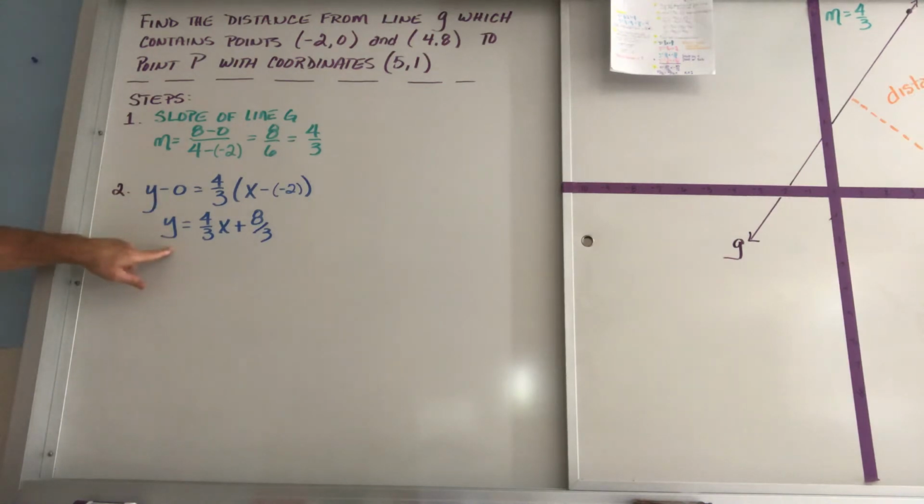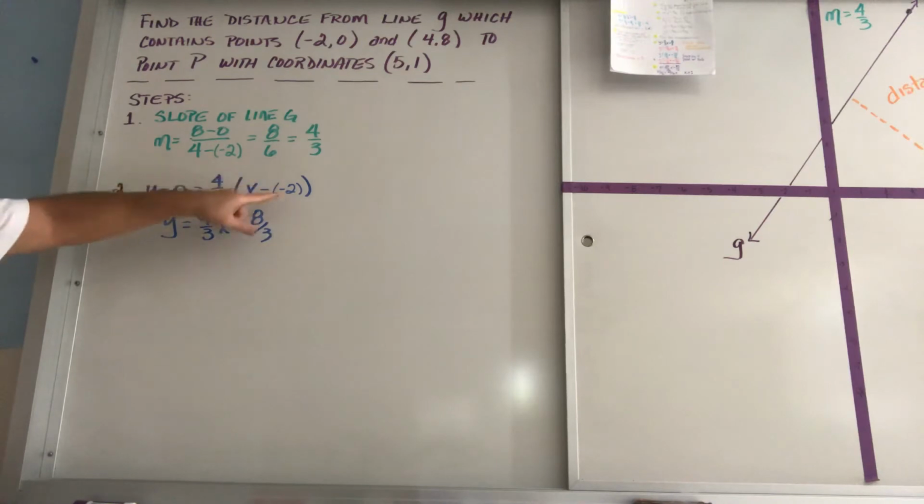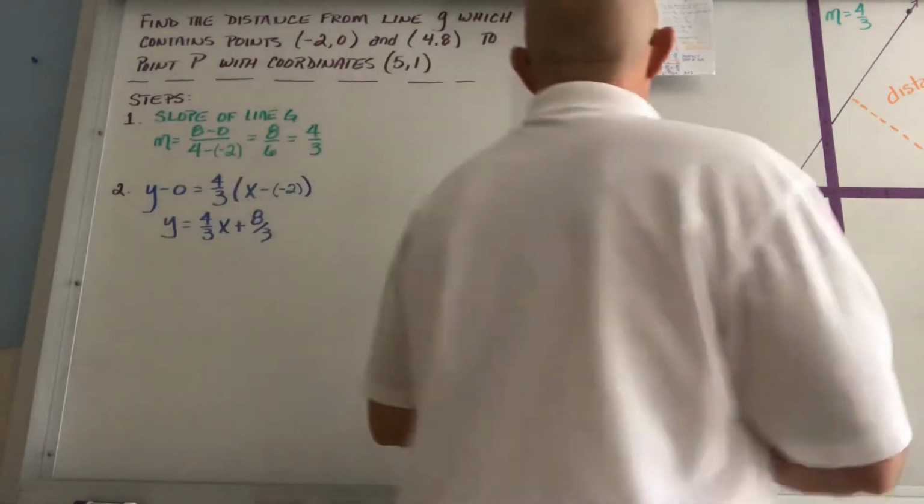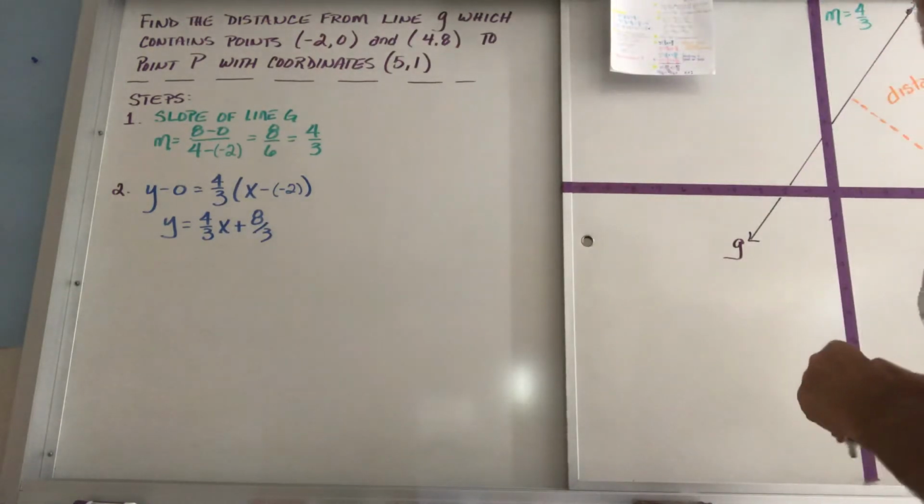Y minus 0 is just y. 4/3 has to distribute. Remember, minus the negative is plus. So 4/3 times 2, tops multiply, and then 3 times the denominator. So this is my equation of the line.